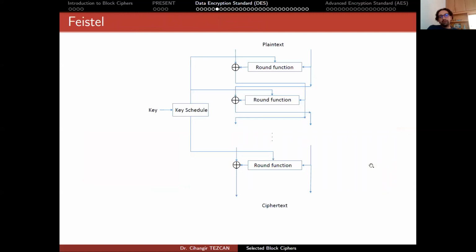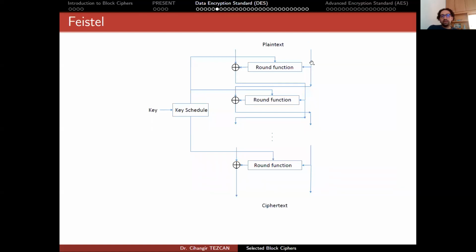And recall how the Feistel-style ciphers work. A general definition is as follows. You have the key schedule, and from the key schedule, you use the master key and produce round keys. You divide the plaintext into two parts, left and right. The right part becomes the left part in the next round.